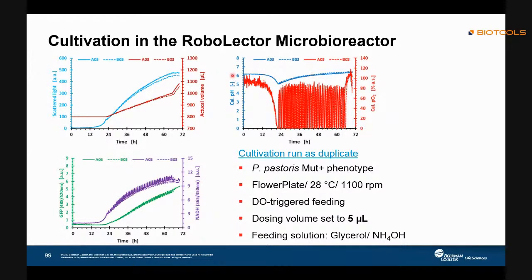So this is some of the result. This is the cultivation, and these are the cultivation details, and we are talking about a dosing volume that can be set as just 5 microliters, and we can see the changes, like this is the GFP here, and this is the NADH. So there are different wavelengths, so we can still do online measurements.